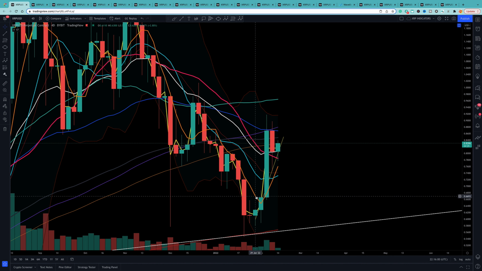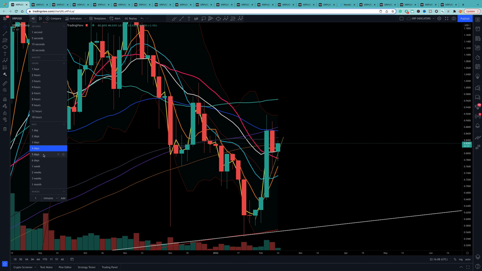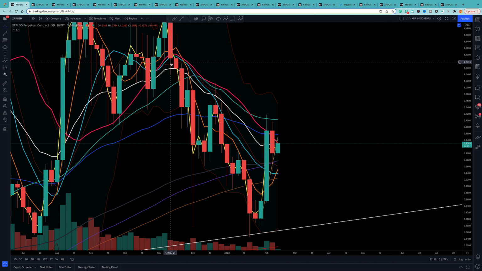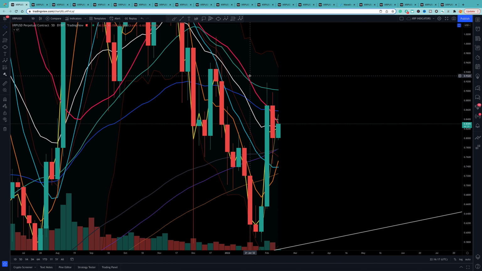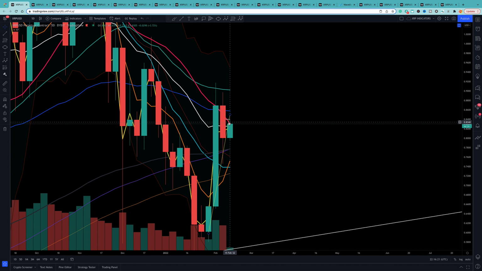This 5 turning pumped this candle. So you can see that there's ones getting underneath, but there's one still coming down. Like you can see on the 5-day, there's a pink 20 MA coming down right on price action.